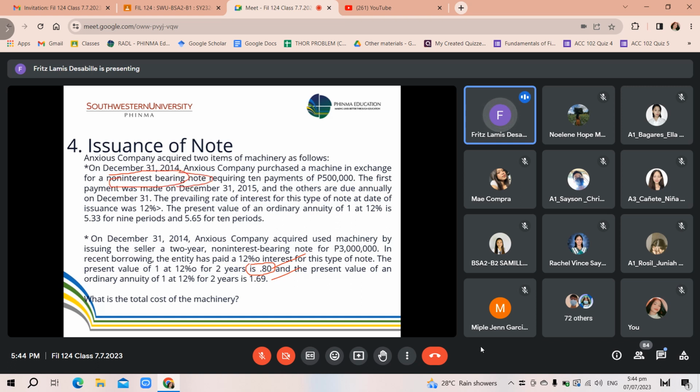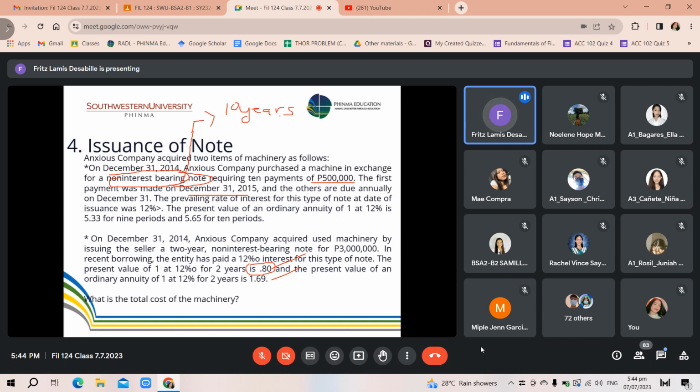To give you a refresher on what we discussed yesterday, if the non-interest bearing note is long-term in nature, we have to measure it at present value. Now, how many years is it? 10 payments of 500,000, the first payment was made. So it is 10 years, guys. So 10 years is its term.